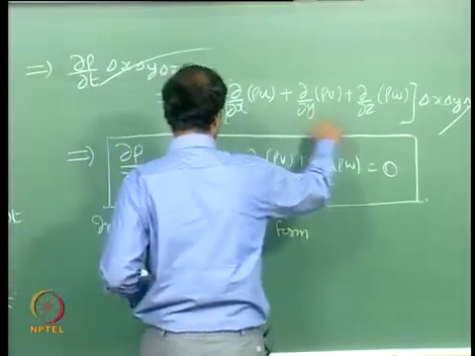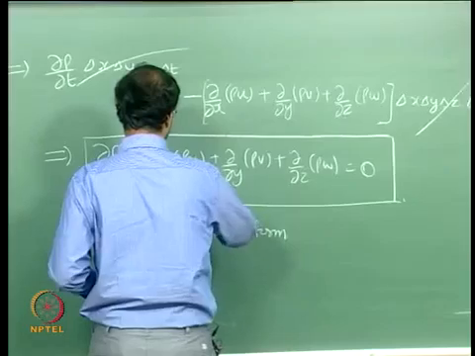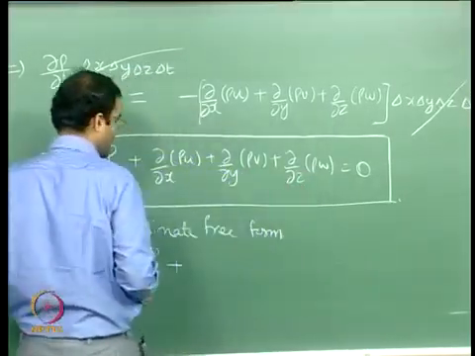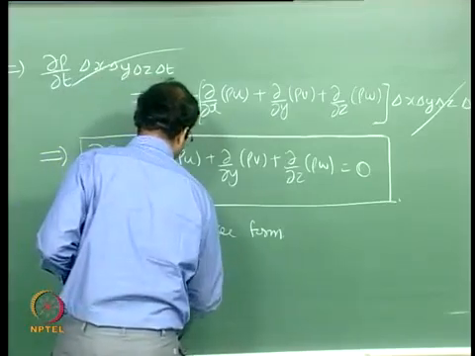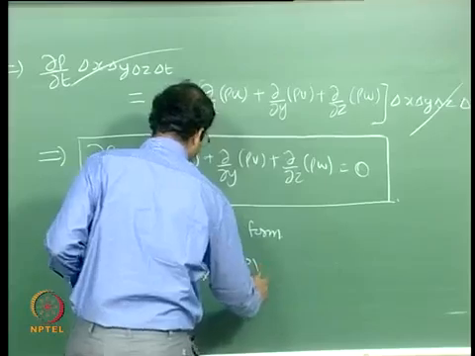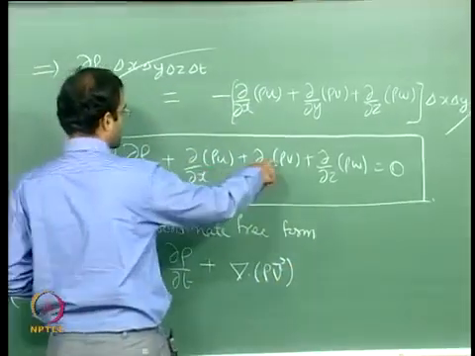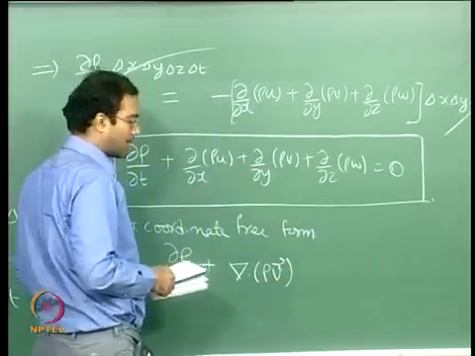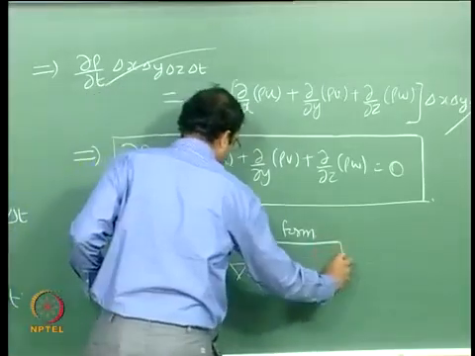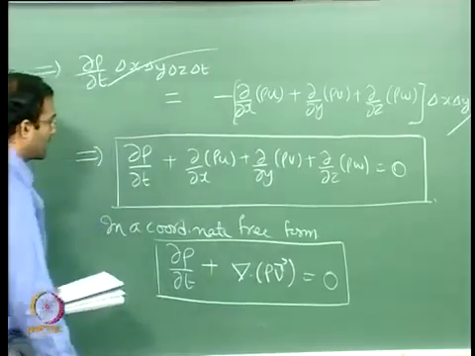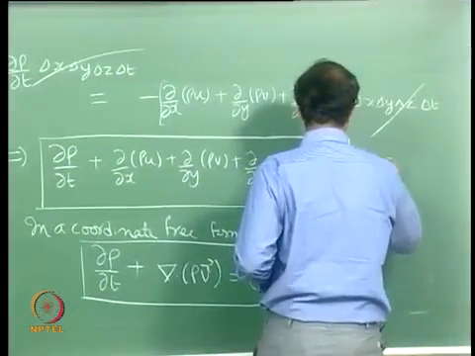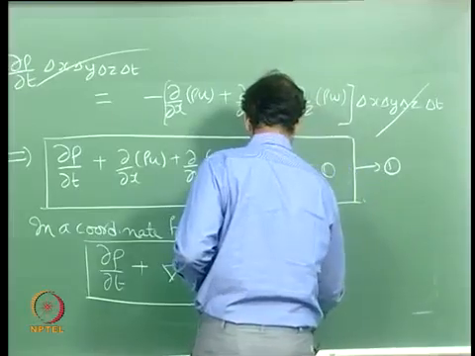Now the spatial derivative, that is d rho u dx, d rho v dy, and d rho w dz, can be expressed as the divergence operator operated upon rho v vector, where v vector is basically ui plus vj plus wk in the Cartesian coordinate system. So in a coordinate free representation you can express the continuity equation in this particular form. Let us call this equation 1 and this equation 2.